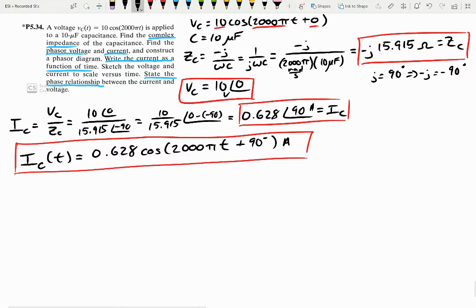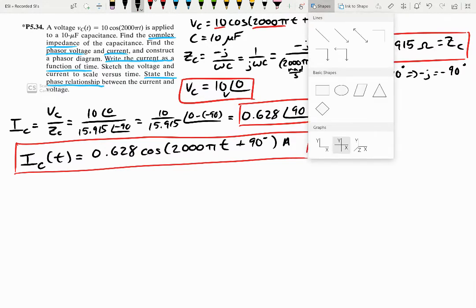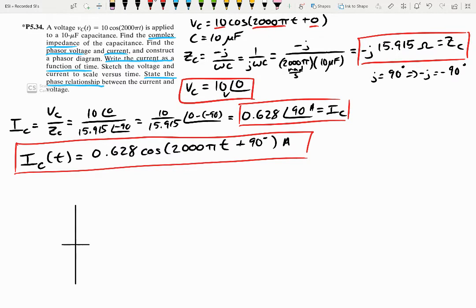Now let's go and draw a little diagram one more time, just so we can represent it. The voltage of C here, VC at angle 0, and then the current IC at an angle of 90 degrees. So right here, that's a 90 degree difference.